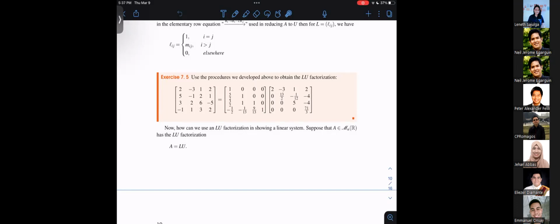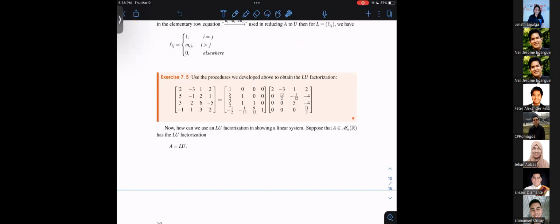Now, the Gaussian elimination process will give rise to an LU factorization of the matrix A. Again, the matrix A will then be written as a product of a lower triangular matrix L and an upper triangular matrix U. And the LU factorization is very helpful if you want to solve the same system over and over again.